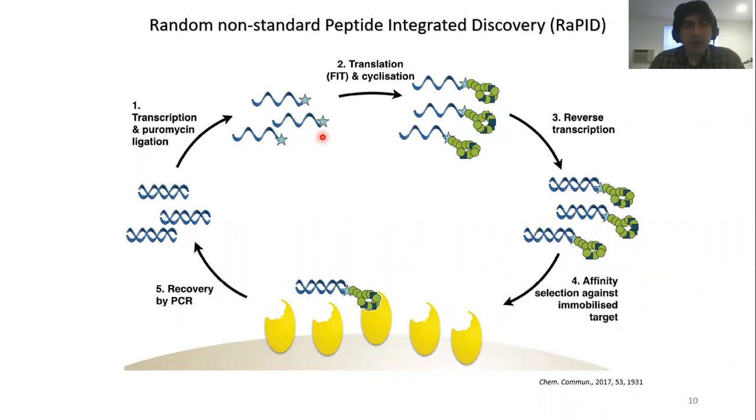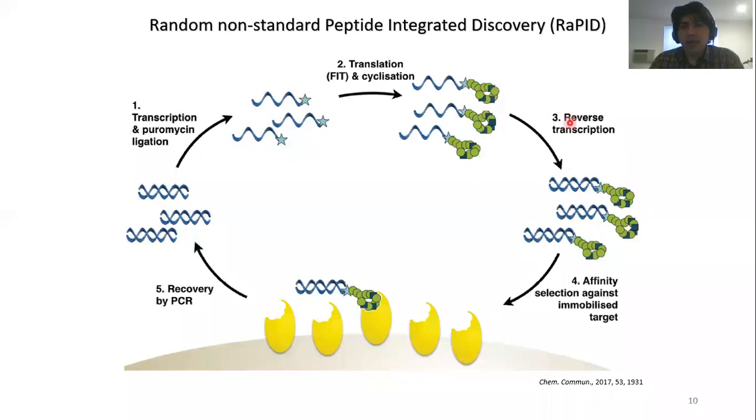with very high affinity. So you have this DNA library, which undergoes transcription first. Then you add a puromycin ligated tag, so you have a puromycin molecule at the end of this mRNA. Now this undergoes translation using the flexible in vitro translation system. And because you have that chloroacyl group, it cyclizes itself into a macrocyclic peptide. Then you have reverse transcription.